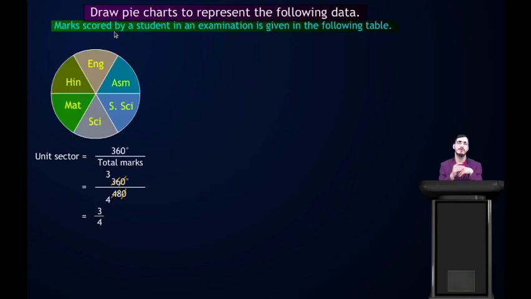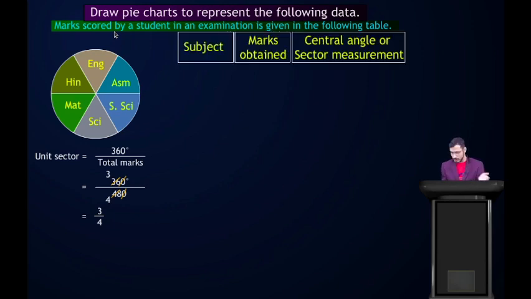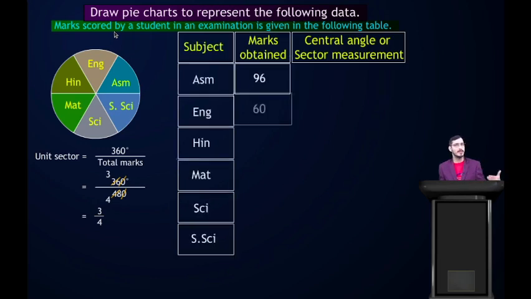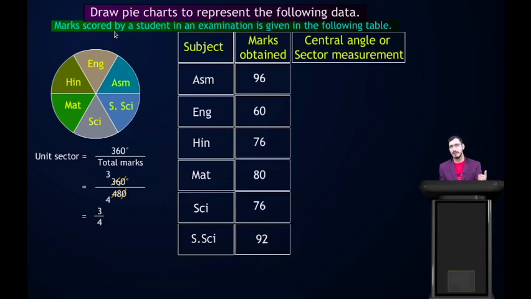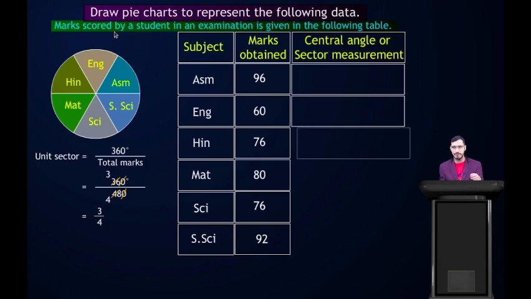Now what will we do? Yes, then multiply by the marks obtained by the student. Here you can see the subjects Assamese, English, Hindi, mathematics, science, and social science, and marks obtained 96, 60, 76, 80, 76, and 92. Now multiply by 3 by 4.